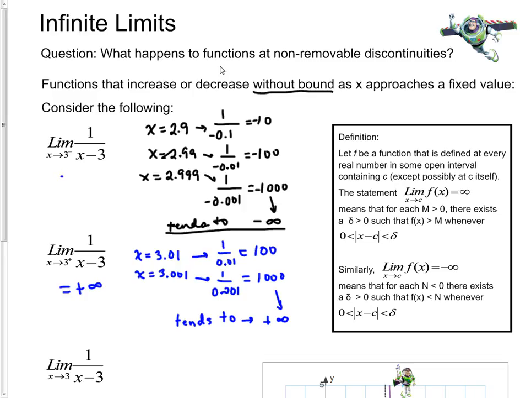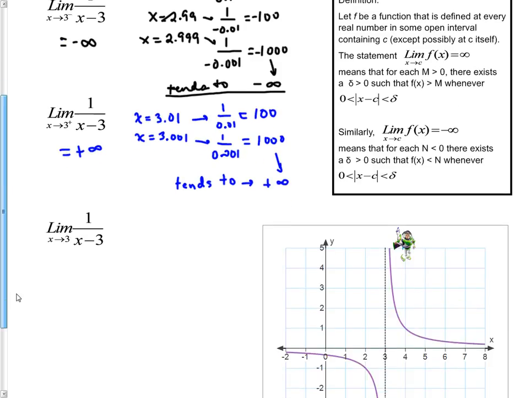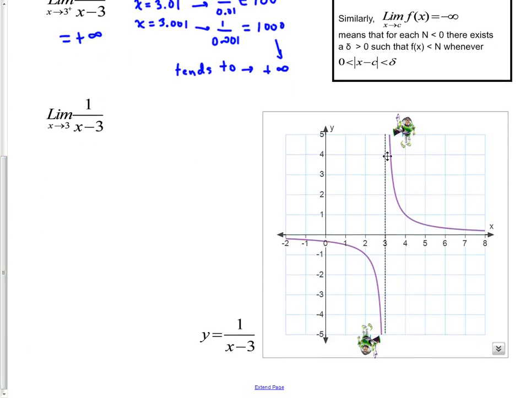This limit right up here tends to negative infinity. So what does that mean for us overall? Well, if we look at this particular function, we're saying that as we approached 3 from the left-hand side, the y value was tending towards negative infinity, and as we were approaching from the right-hand side, y was approaching positive infinity.